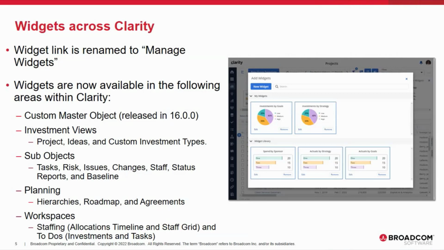For the planning workspaces, it will be available under hierarchies, roadmaps, and agreements. And finally, within the workspaces, it is available under staffing, which would be listed under the allocation timeline and staff grid pages, and under the to-do workspaces, which should be under the investment and task pages.